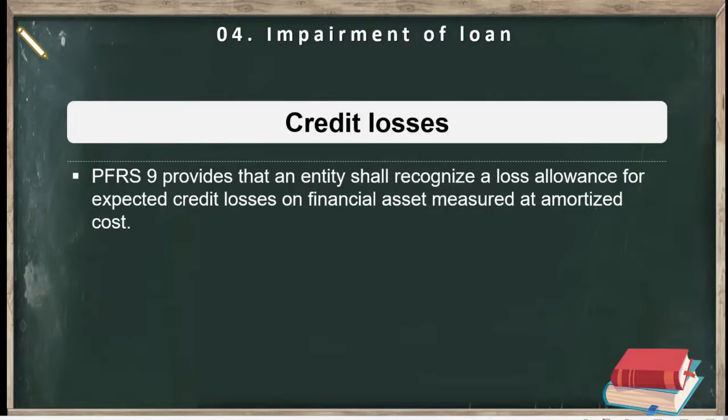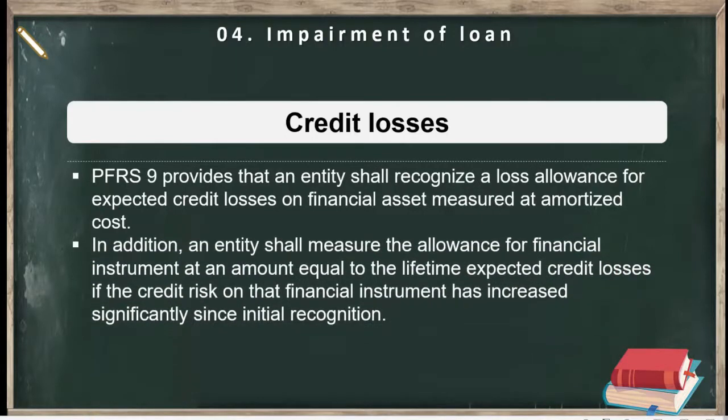Remember the measurement for the loan receivable, right? Subsequently, it will be measured at amortized cost. In addition, an entity shall measure the allowance for a financial instrument at an amount equal to the lifetime expected credit losses if the credit risk on that financial instrument has increased significantly since initial recognition.